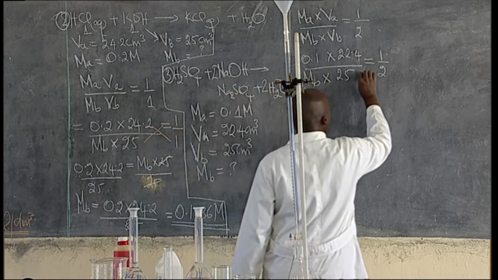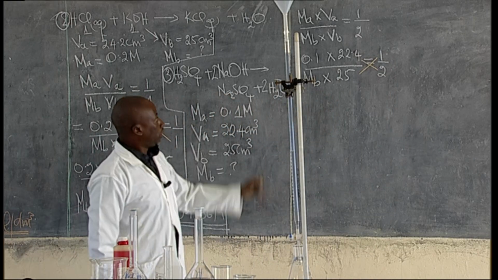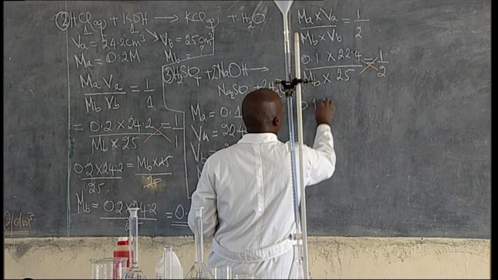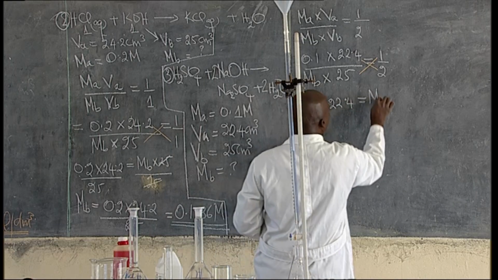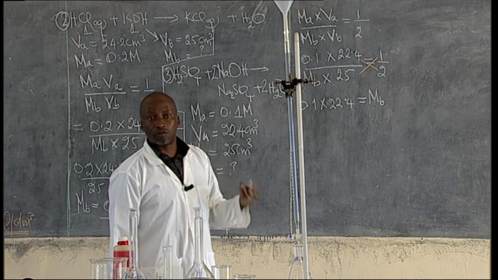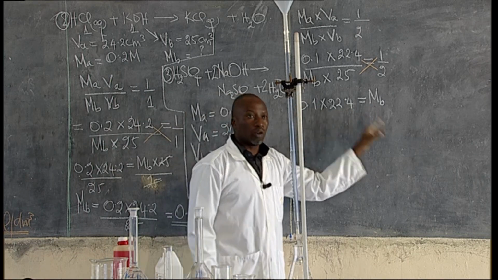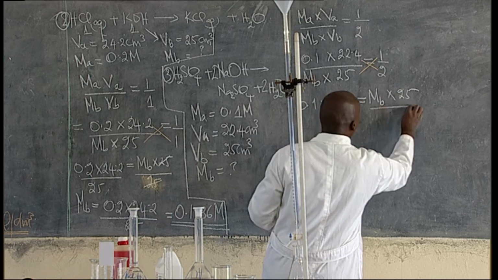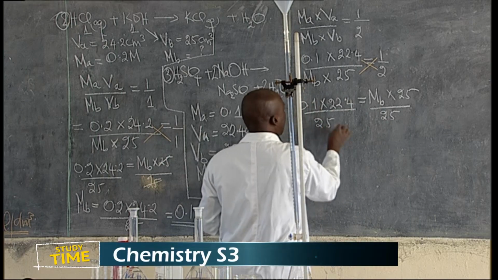Cross multiply. This is simple mathematics. When you cross multiply, then you are getting 0.1 times 22.4 equaling MB. I said the MB does not stand for megabytes. It stands for molarity of the base. Then times 25. You divide both sides by 25.